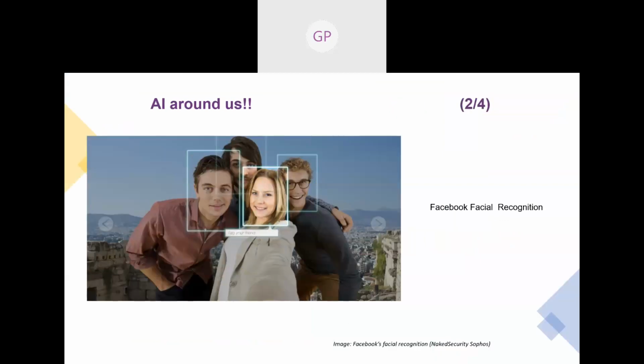Then there is, of course, Facebook's facial recognition. This use case uses deep learning, specifically CNN, convolutional neural networks, with a labeled set of data to recognize faces when pictures are presented to it.